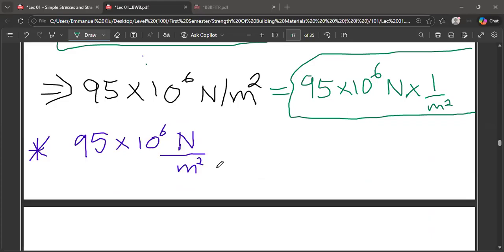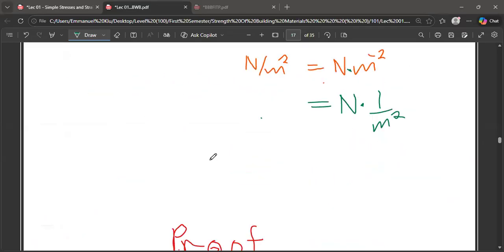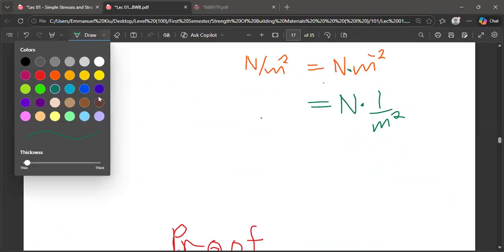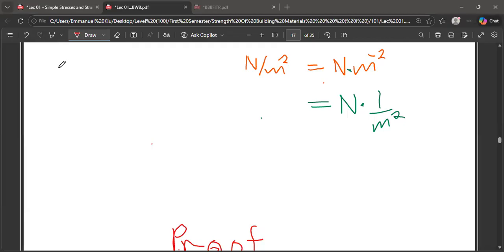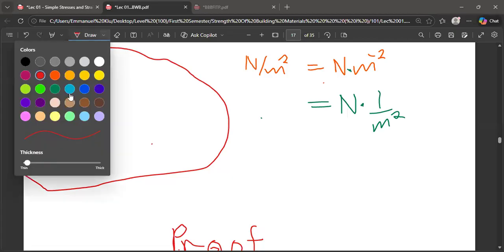Take note, how many meters is going to give you millimeters? The other day we said that 1,000 millimeters is equal to 1 meter. So let me draw a very big circle over here.